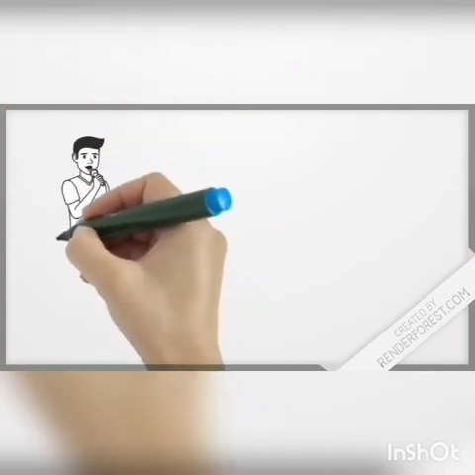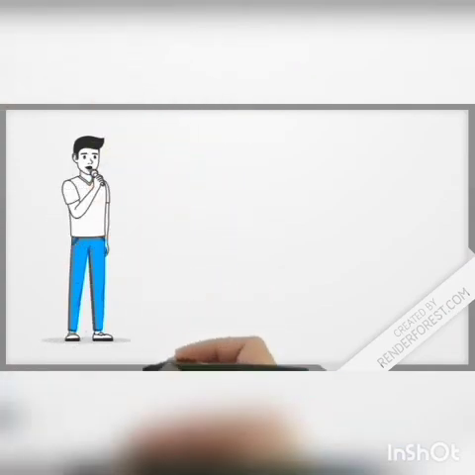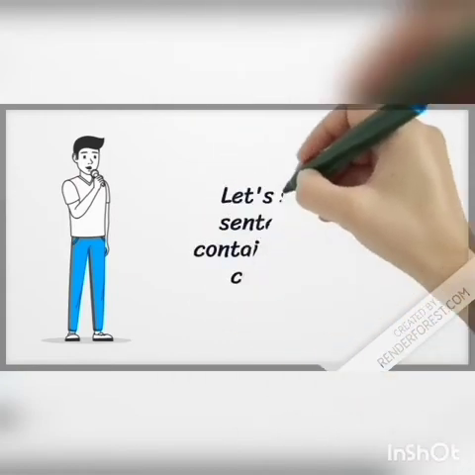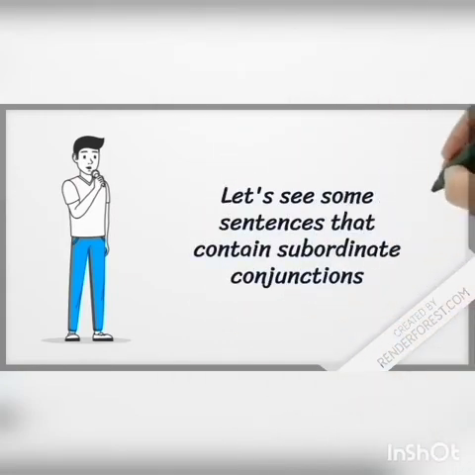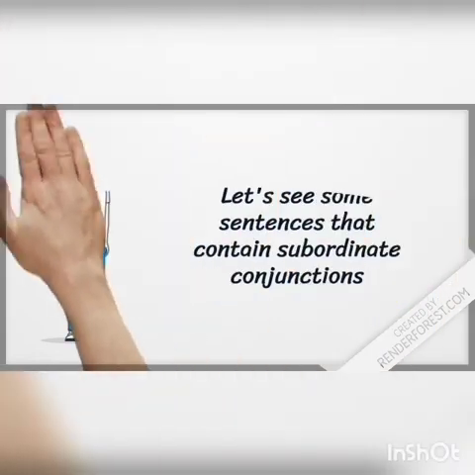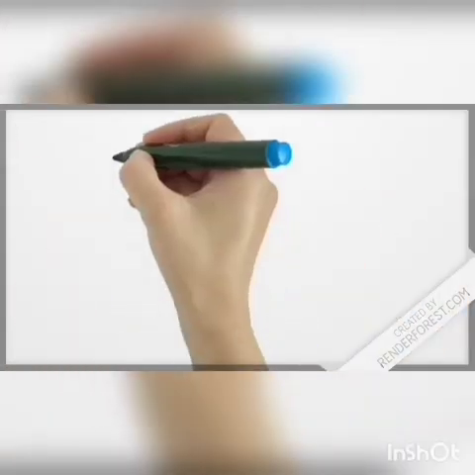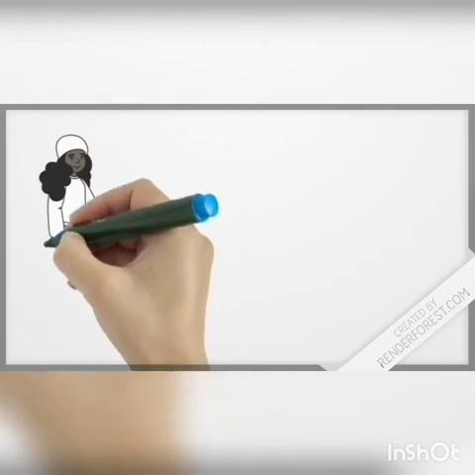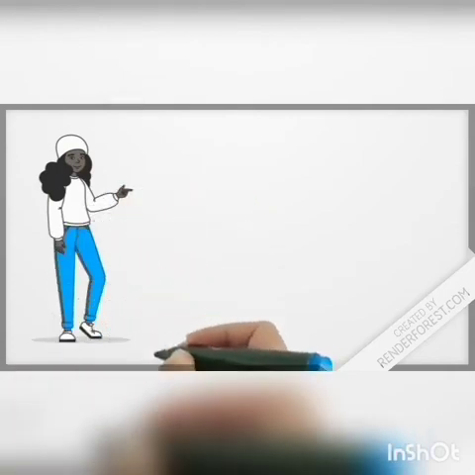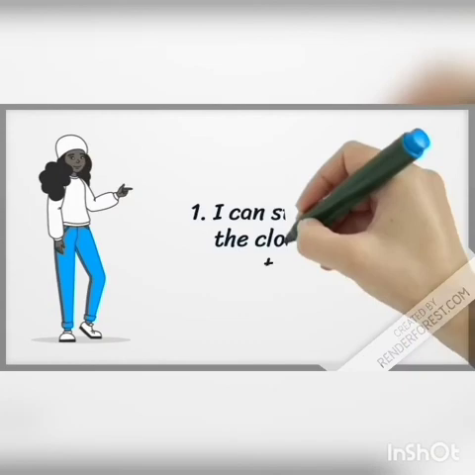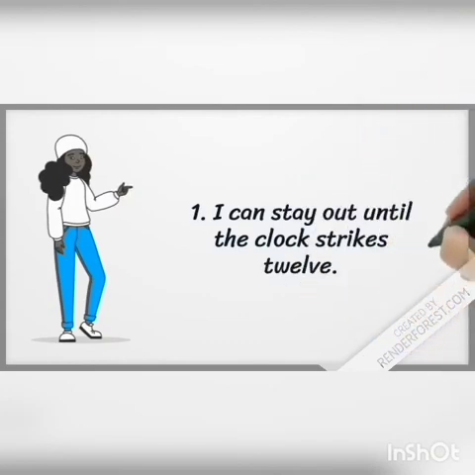Now let's consider some sentences and the subordinating conjunctions that they contain. A variety of them will be seen now, and we'll pinpoint the subordinating conjunctions in them. Now follow me as I go. Here you go. The first one: I can stay out until the clock strikes 12.